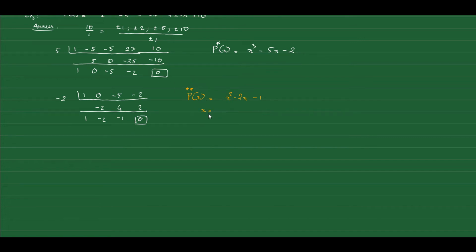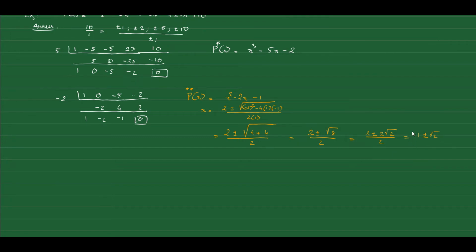If I use the quadratic formula, it gives you 2 plus minus the square root of 2 squared minus 4ac over 2a. That gives you 4 plus 4, so 2 plus minus the square root of 8 over 2, which is 2 plus minus 2 square root of 2 over 2, which is 1 plus minus square root of 2.